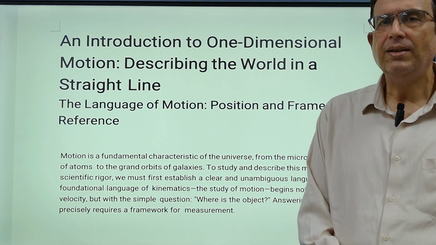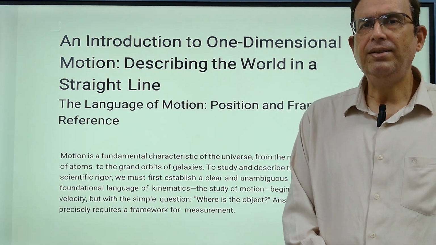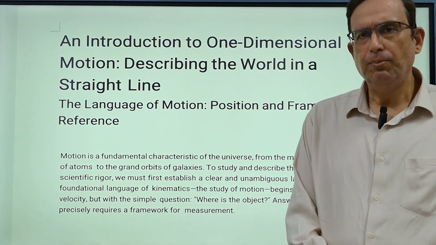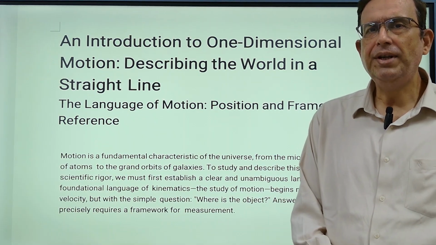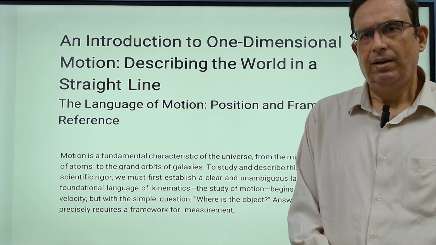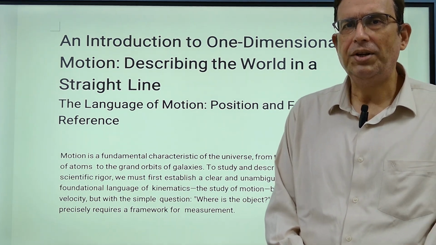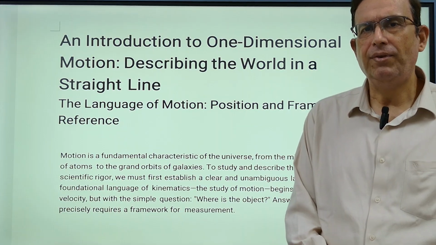And we will discuss a few elementary and important physical quantities related with this type of motion. When we find out the relations between those quantities, we will find the predictive power of physics.